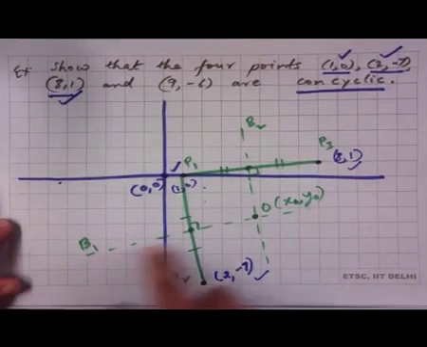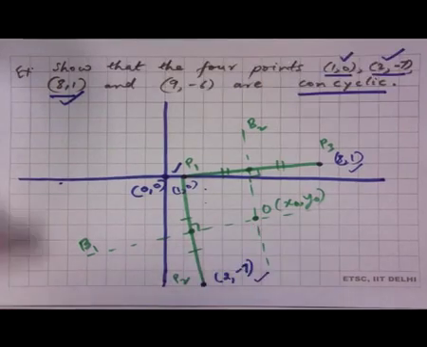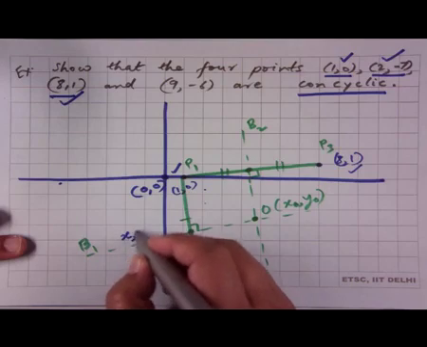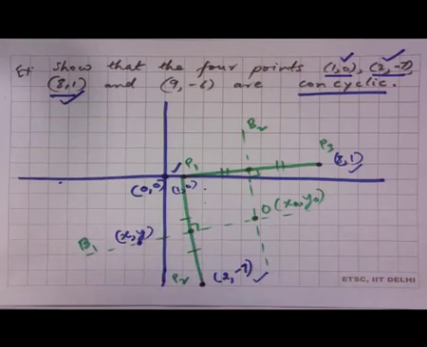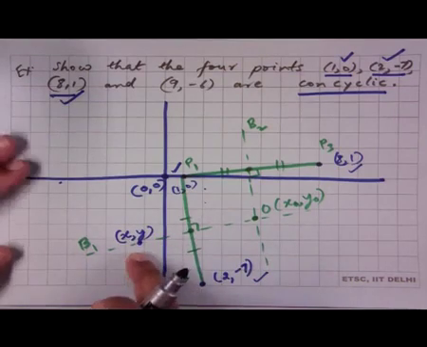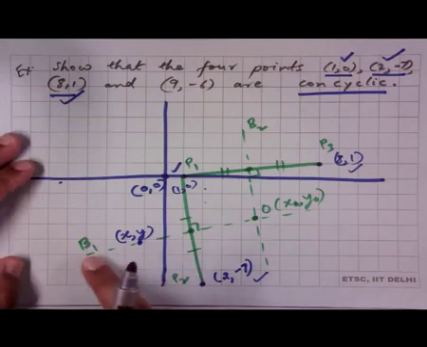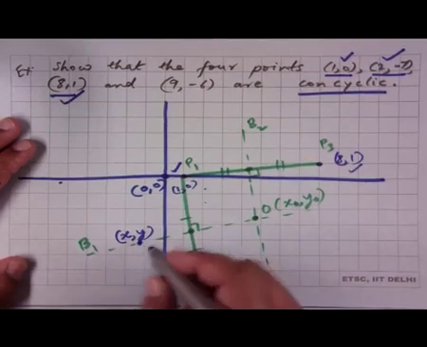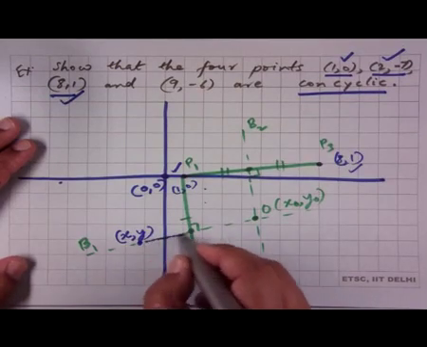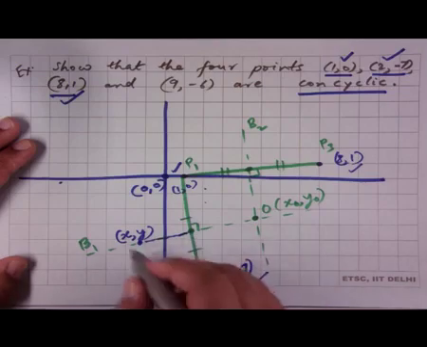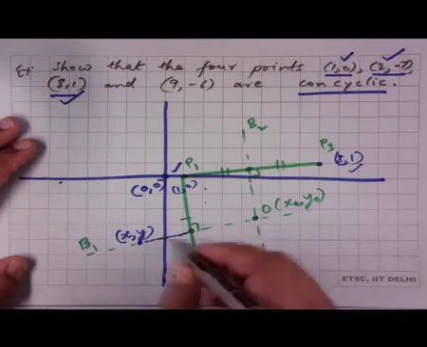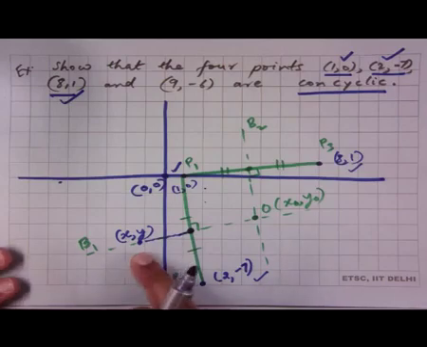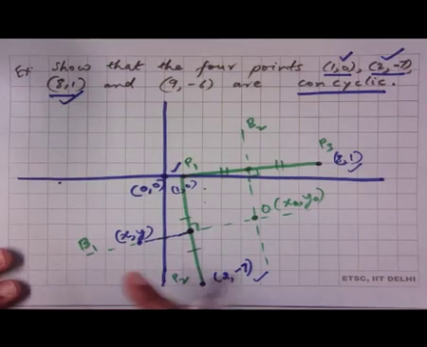For the first perpendicular bisector, any point having coordinates x, y on B1 must satisfy the following equation.